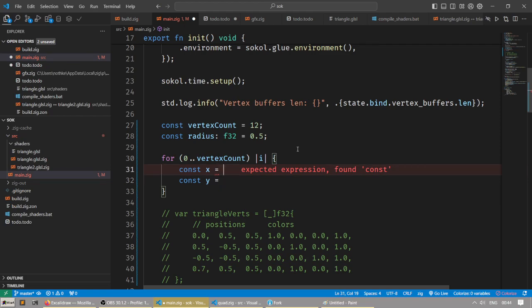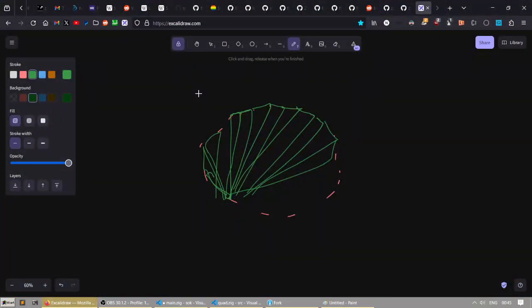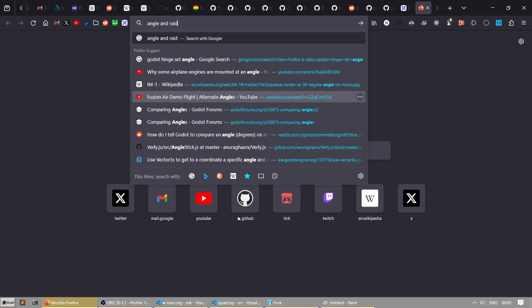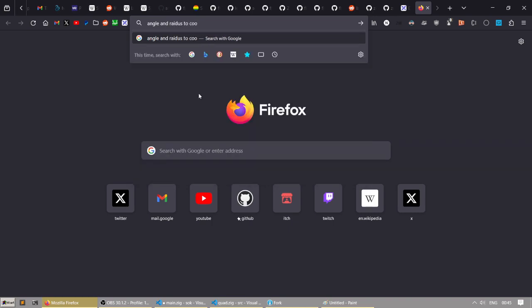And how do we do it? Well, it's sine one thing, cosine other thing, something like that. I have to check. Okay, so angle and radius to Cartesian coordinates. Yes.